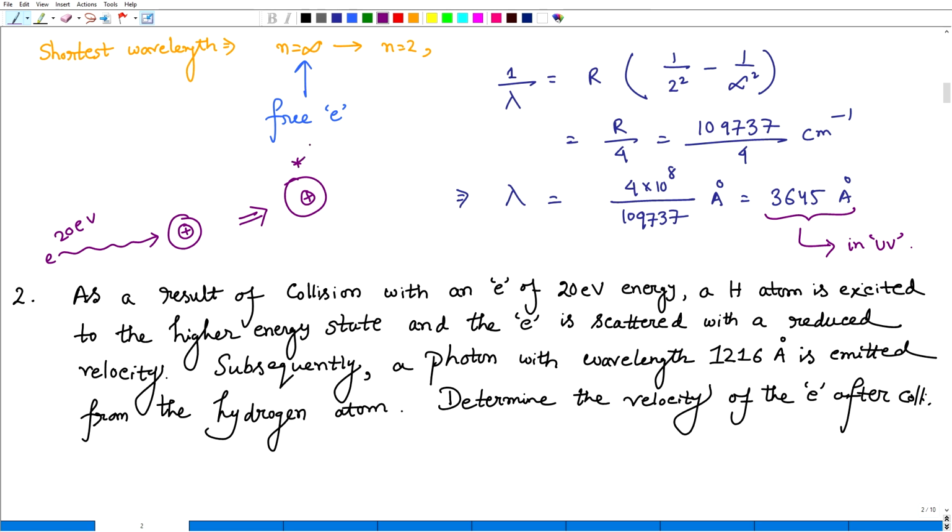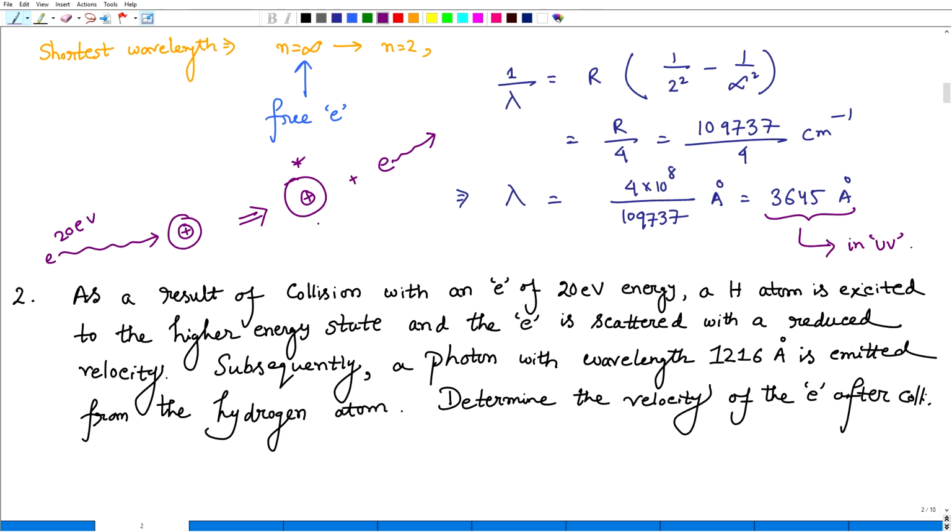It's excited, and the electron is scattered with a smaller velocity. It's obviously because it gives some energy to the hydrogen atom, and using that energy the hydrogen atom got excited, that's why the energy of the electron will be decreased.